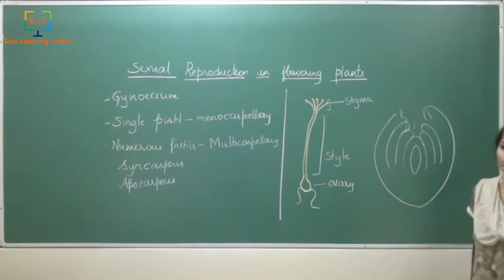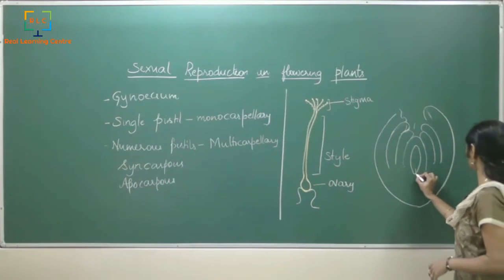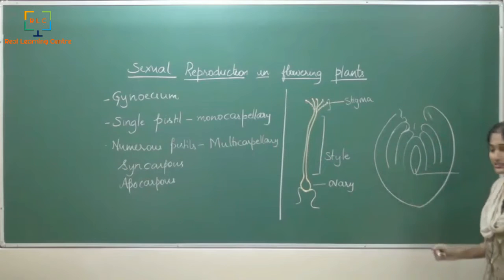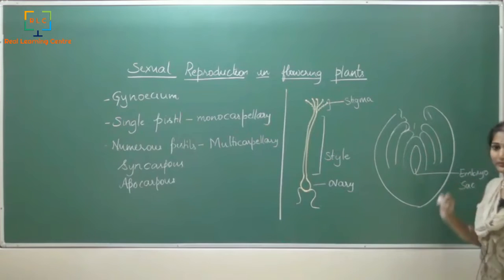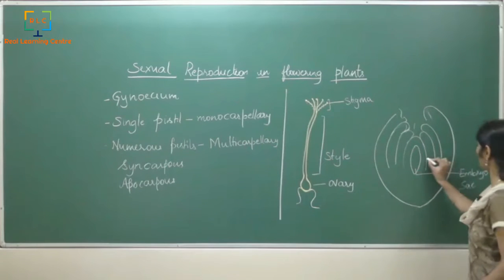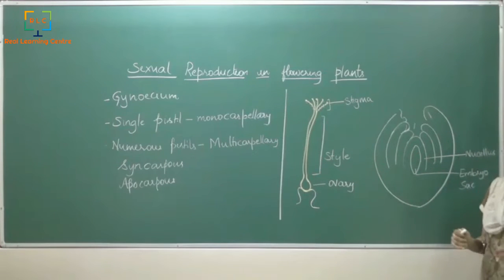So this would be the structure here, right? So you see that this innermost region is what we call as the embryo sac, and above that we have a region which we call as the nucellus. Nucellus is a layer which protects the embryo sac.